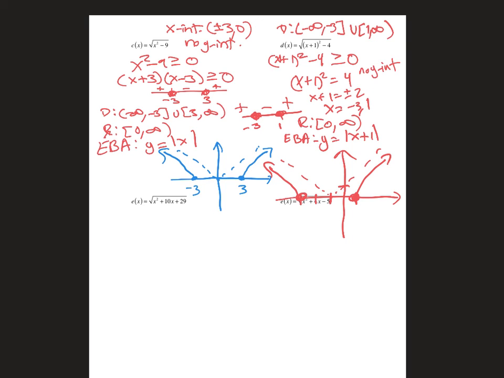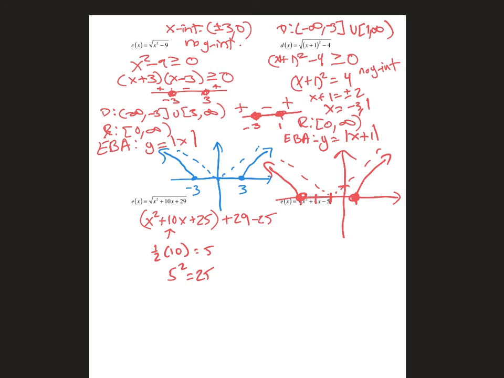Let me just go through E of x quickly. To complete the square, I'm just going to put the 29 over to the side a little bit. Remember, you have the linear coefficient, so half of 10, which is 5, and then you're going to square it. That is what I'm going to add in order to complete my square. But if I'm adding 25 in order to balance it out, I've got to also subtract 25 here.